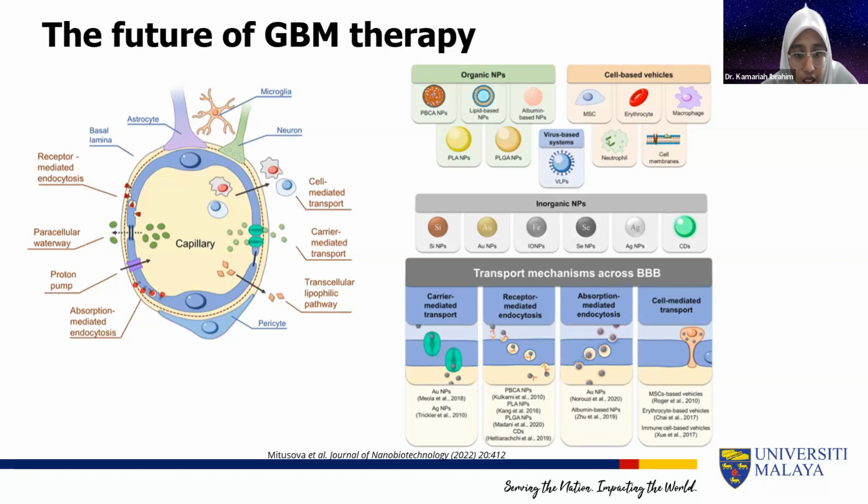So I think by understanding the regulatory mechanism of crossing the blood-brain barrier, it is hoped that in future we will be able to provide the most suitable drugs for glioblastoma therapy.